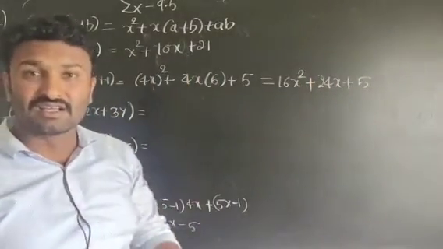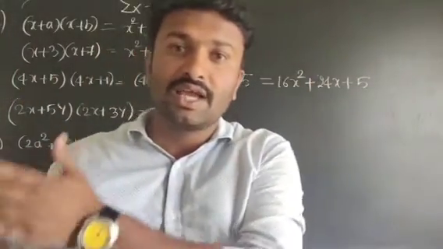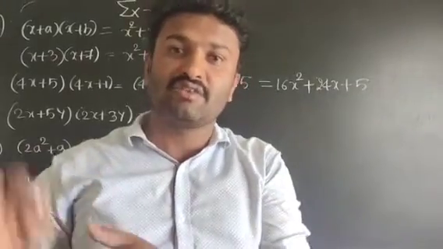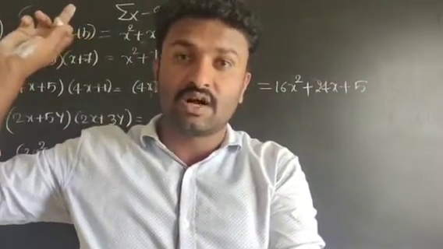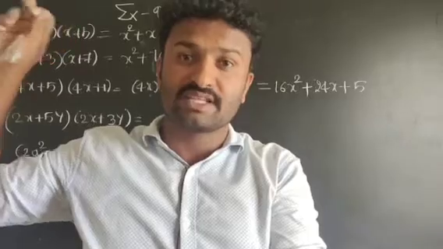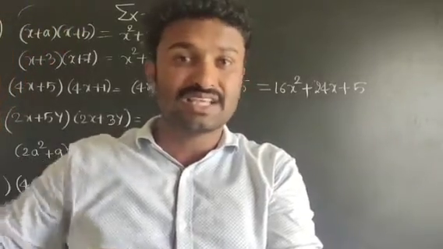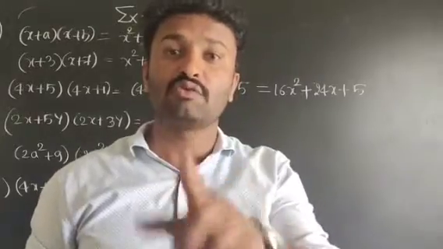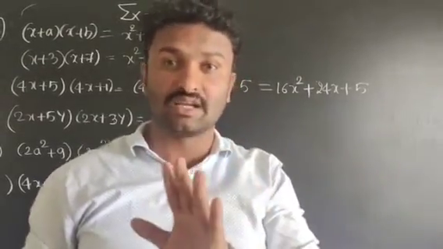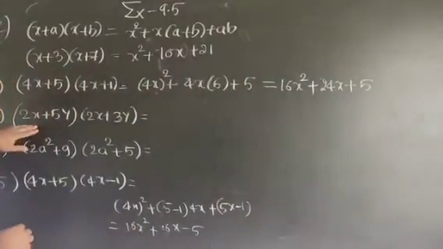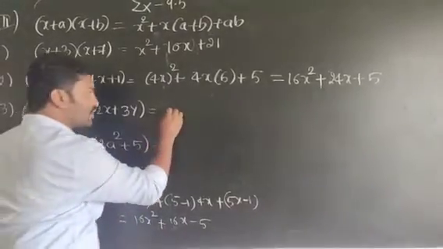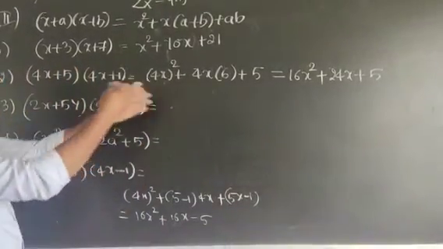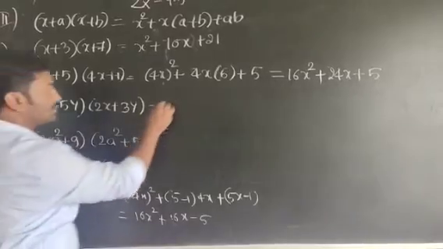What I am doing here is just substituting the a, b and x values in the identity x square plus x into a plus b plus a into b. Just substitute the values, and for that you have to remember the identity. This is also the same problem; I will substitute the values to find the answer.